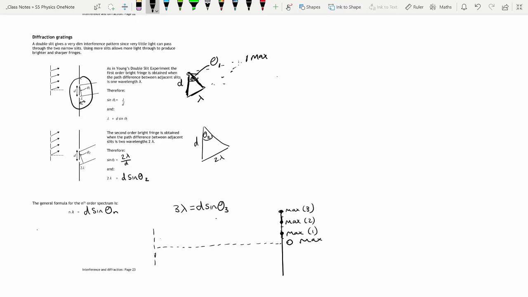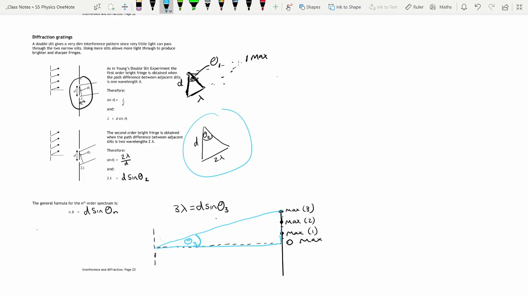Okay, and we had this triangle that we said is a similar triangle, so we can say that the angles are the same as these little triangles here. So if we were looking for the third order max, then the triangle would be that, including the central line. So that would be my theta 3, because that's the angle to the third max.